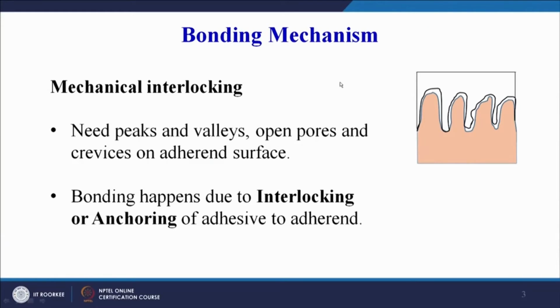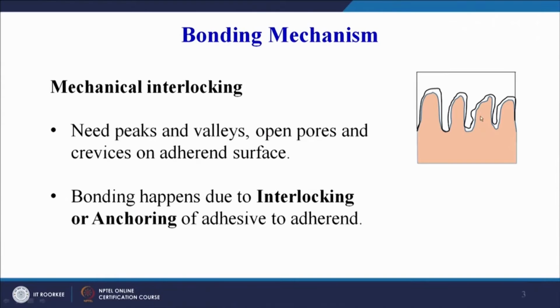Now this is the bonding mechanism which usually takes place between the two mating parts, or two parts to be joined together. The first bonding mechanism is mechanical interlocking. Mind you, these types of peaks and valleys will not be available on every surface.